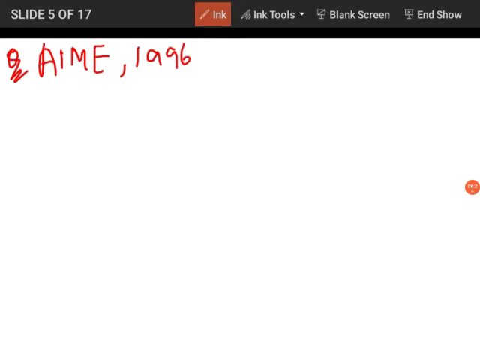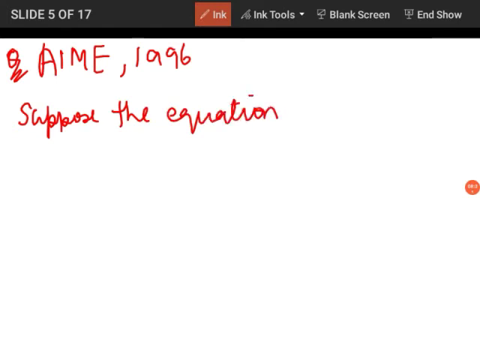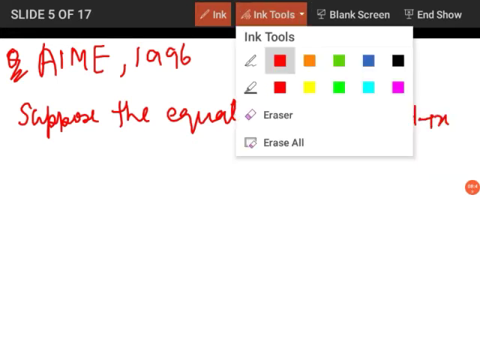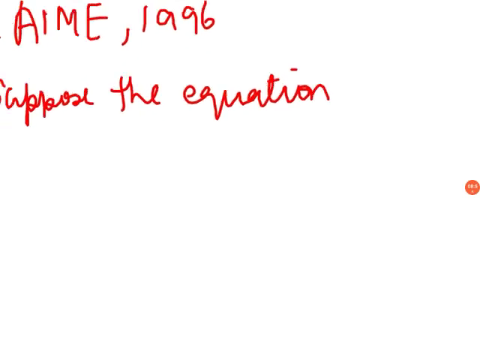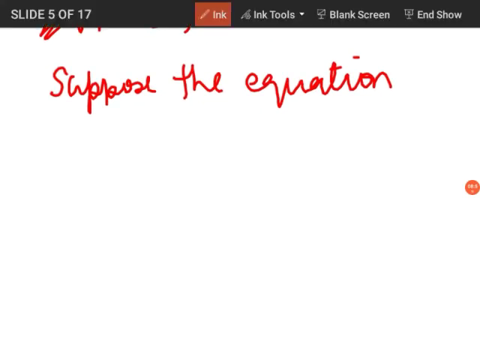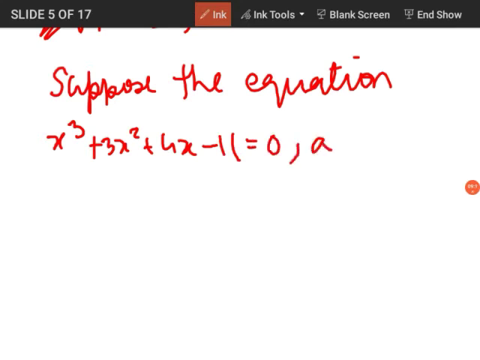So the question is something like this: suppose the equation x cube plus 3x square plus 4x minus 11 is equal to 0. This equation has roots a, b and c.